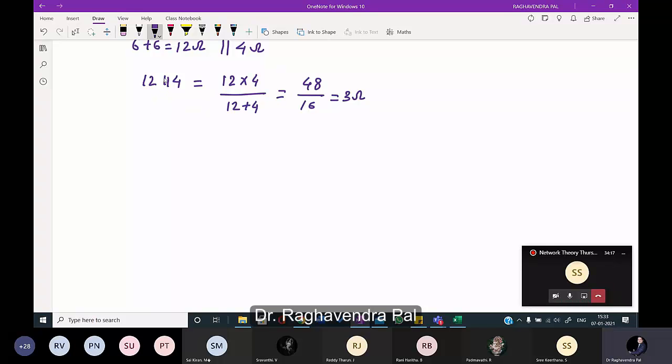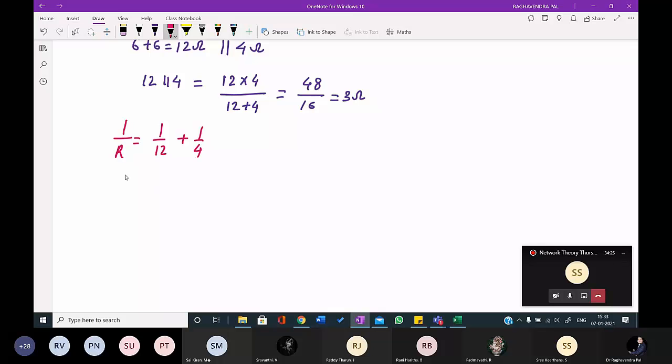If two resistors are in parallel, 1 by R is equal to 1 by R1 plus 1 by R2. So take the LCM: 1 by R is equal to (1 plus 3) by 12. So R is equal to 12 upon 4, which is 3 ohm.